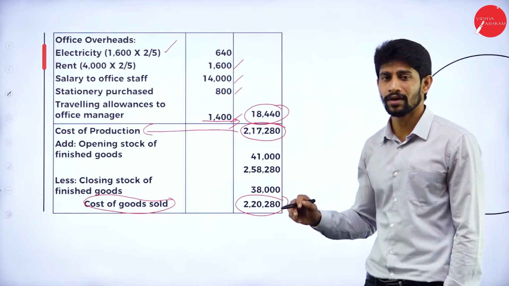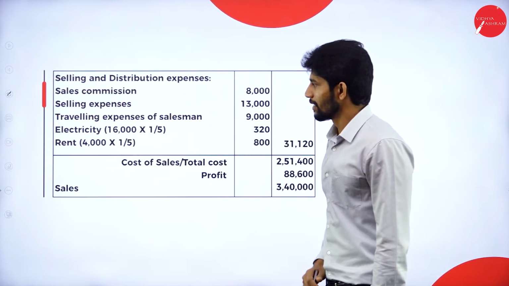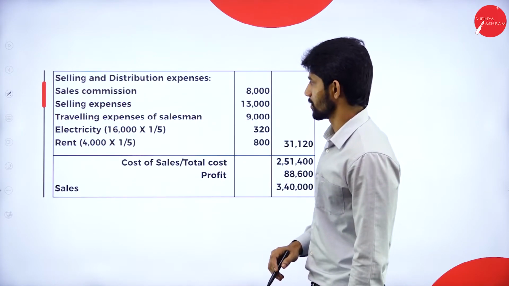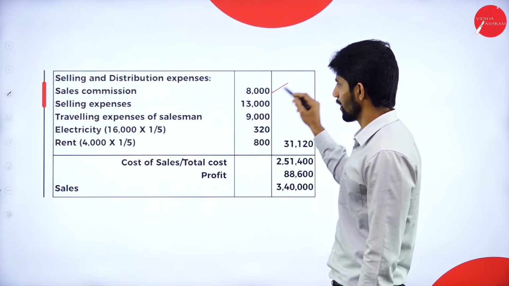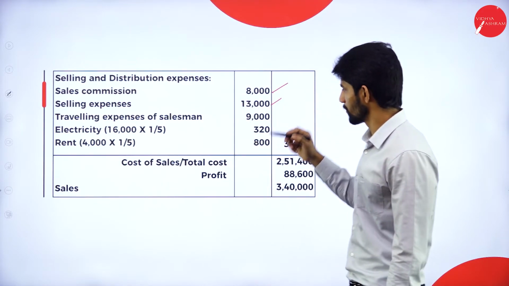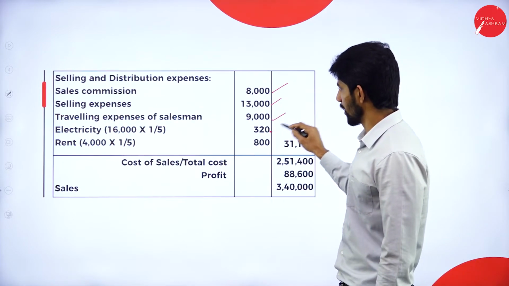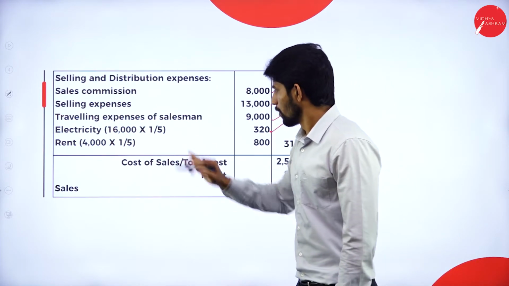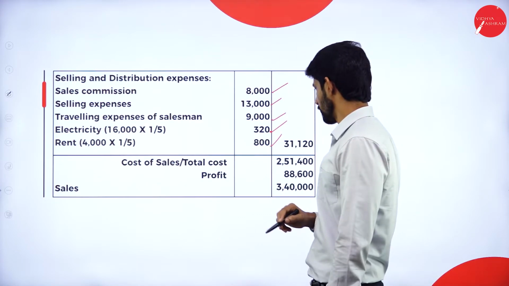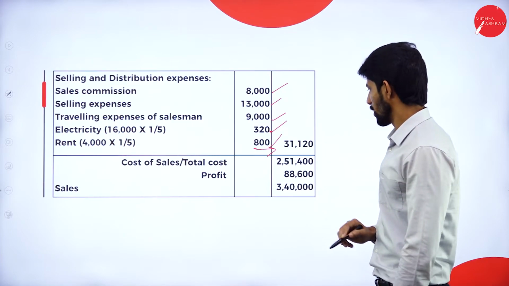For cost of goods sold, add selling and distribution expenses. So sales commission 8,000, selling expenses 13,000, traveling expenses of salesman 9,000, electricity 1 by 5, you will get 320, and 4,000 rent, 1 by 5, you will get 800, total of 31,120.